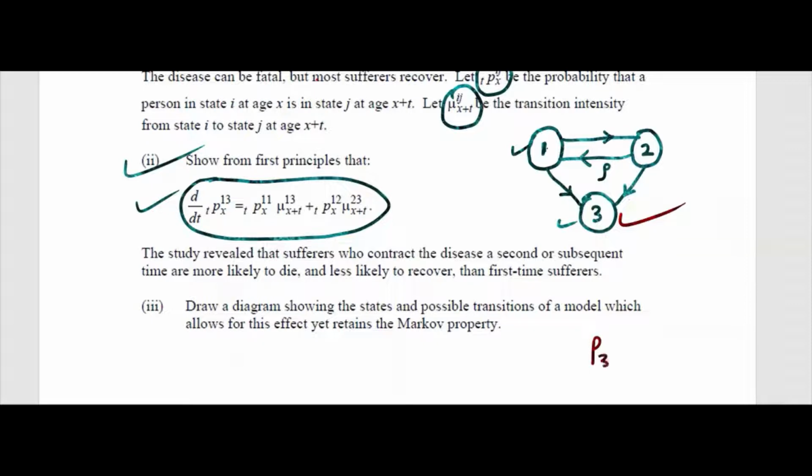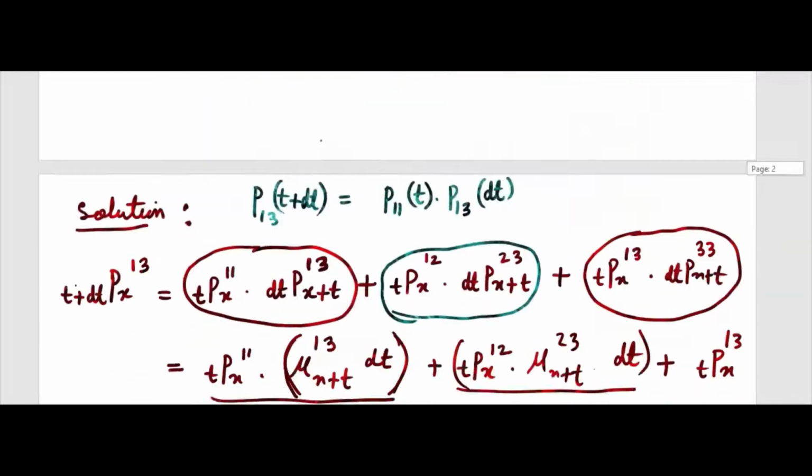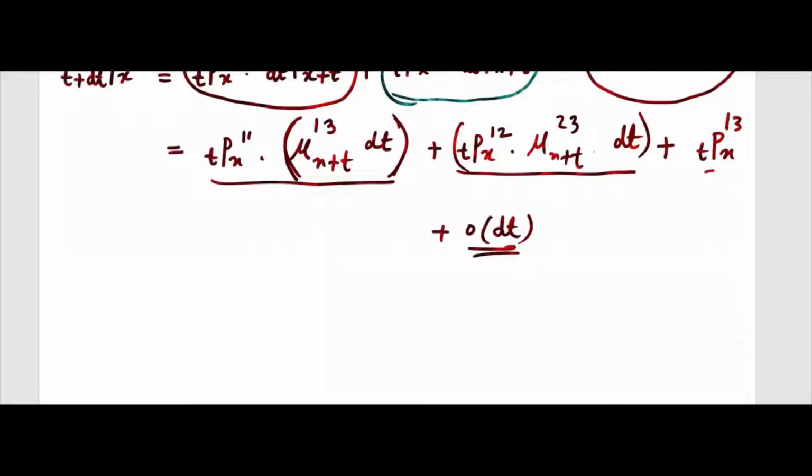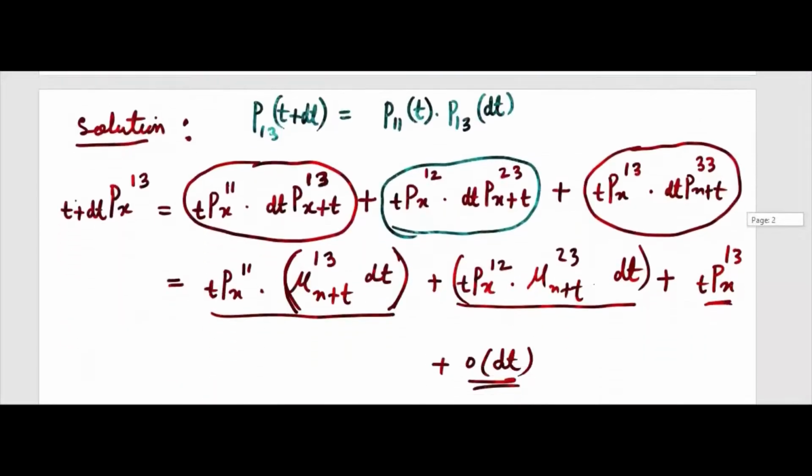Remember, P 33 you write this way or you write this way, whatever way you write. I to j we write this way. So if you write 33 x to x plus t, this is always 1. This is the dead state. So I excluded that one, okay, here.